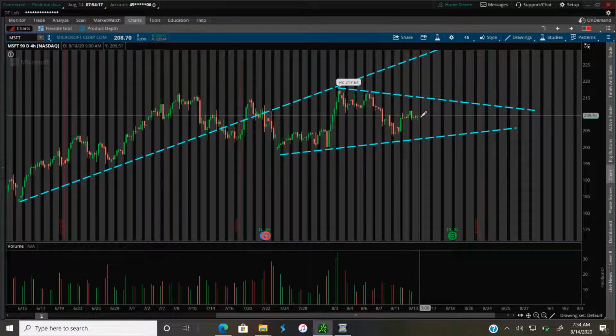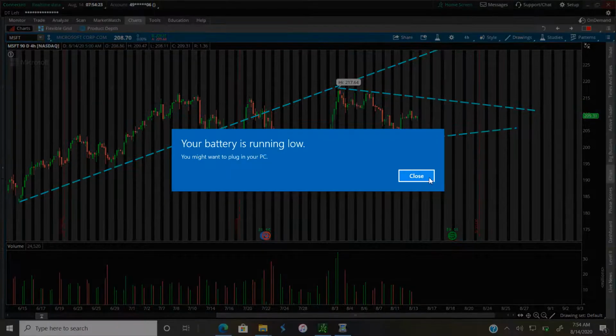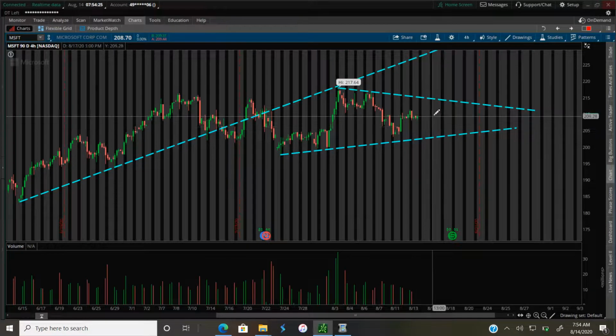And all patterns have a specific way to be played. So in this case, as this is coiling in here, it will eventually break to the upside or break to the downside. As you see on the reference section, this pattern is supposed to play out.